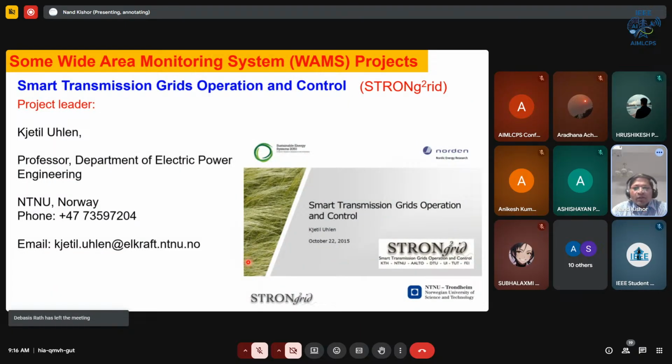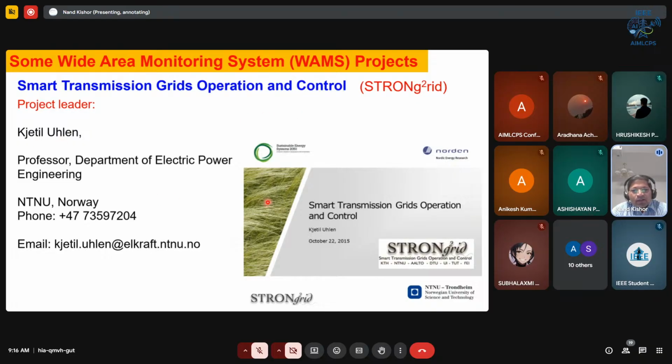Now, this is the first project that I refer to, among some of the wide area monitoring system projects. The first project is the STRONgrid project, and it was led by SINTEF.